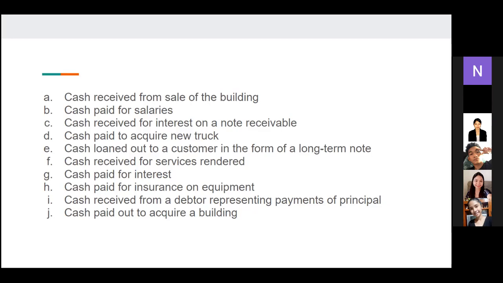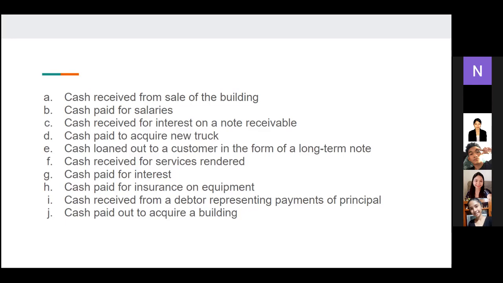Paano mo nasabing operating activities siya? Current account po kasi yung salaries payable. Tapos sabi niya cash paid for salaries. Yes, tama siya, operating activities. So, ilalagay natin is OA.